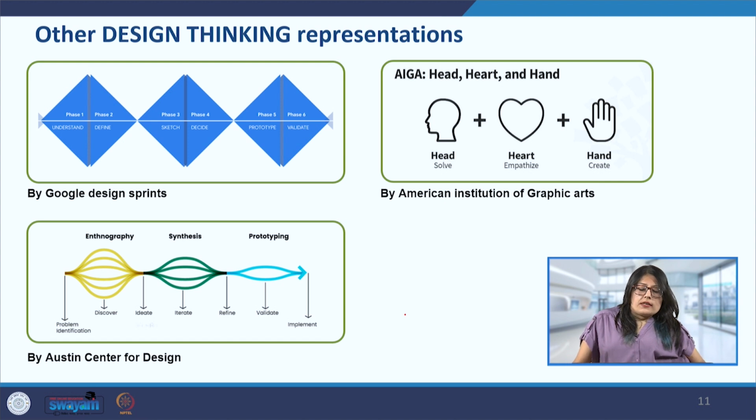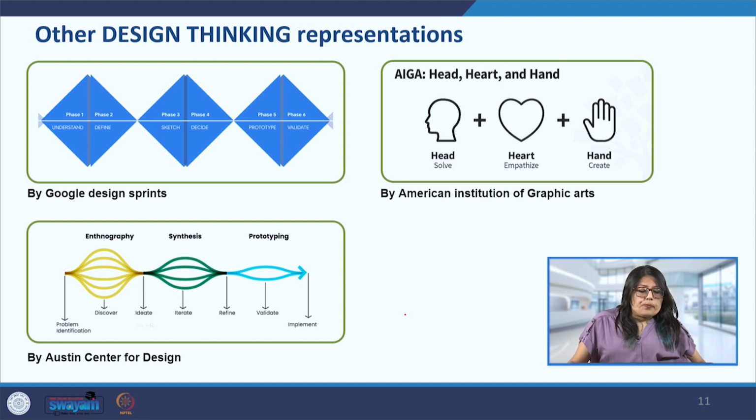Similarly, the Google design sprints are also very highly structured, and they are time constrained at the same time, and they are aimed at rapidly solving a specific problem, and they limit themselves since they're time constrained. So they keep a cap, like say a week's time to solve a problem.